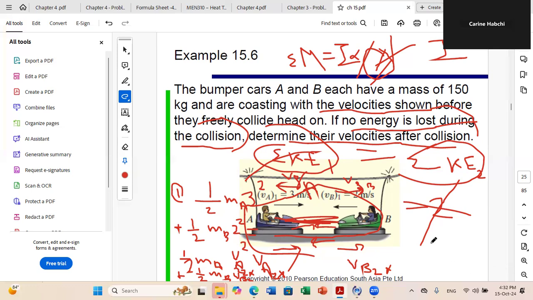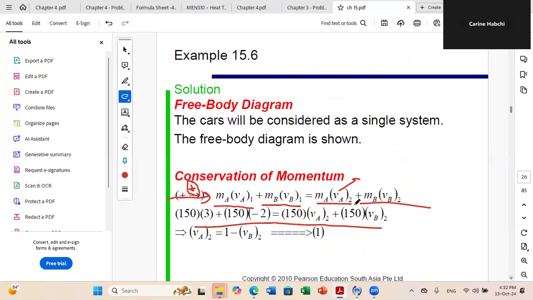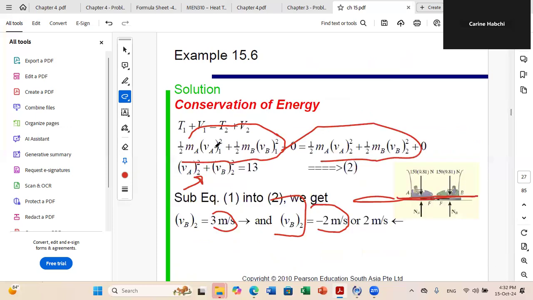Of course, one of the possible solutions is to have no change in velocity. Because look, if VA1 equals VA2 and VB1 equals VB2, you will satisfy conservation of momentum and you will satisfy conservation of energy. But this solution applies if you don't have a collision.